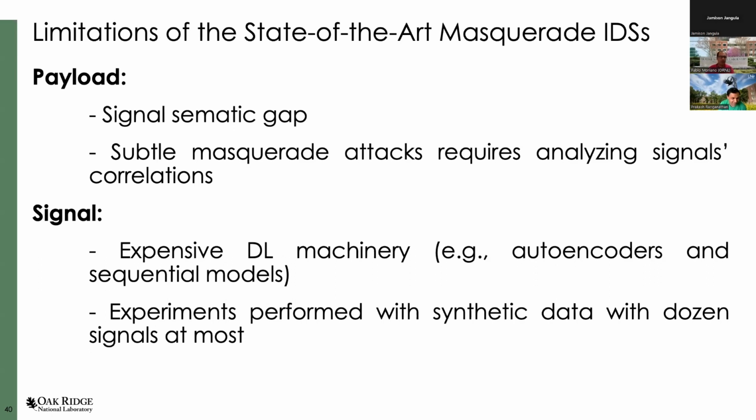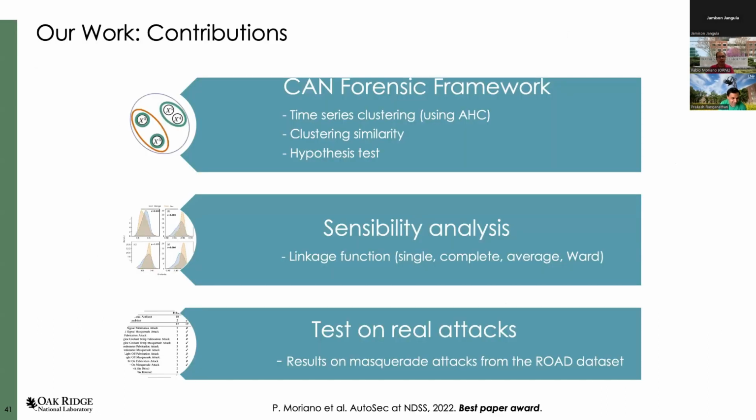But more importantly, we don't know the correlations between those signals that are super important for this detection. While translating the CAN signals into real values is appropriate for capturing correlations, the current state of the art is expensive and focuses on deep learning machinery, which is not going to scale so much with the hundreds of IDs that you find in your vehicle.